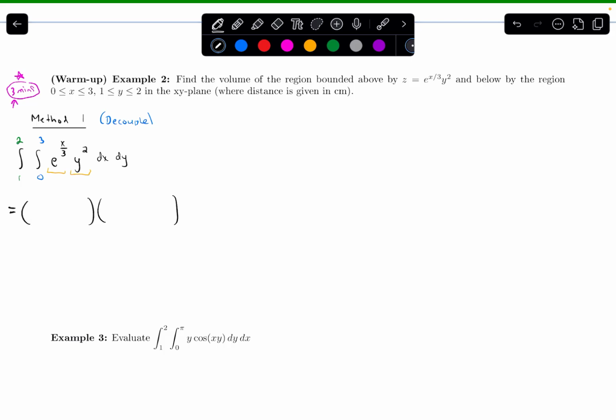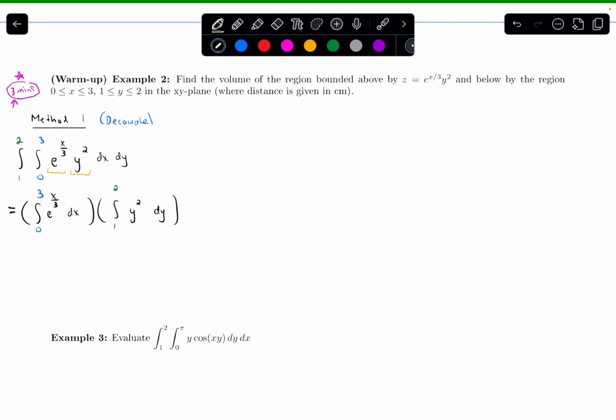One of those integrals will be the dx integral, and one of them will be the dy. The dx one takes the function that's in terms of x, e to the x over 3, and then I write those limits of integration, the 0 and the 3, because those are what go with the x. And then the function in terms of y was y squared. Let's write those limits, which are 1 to 2.